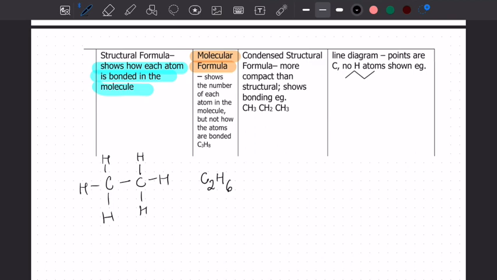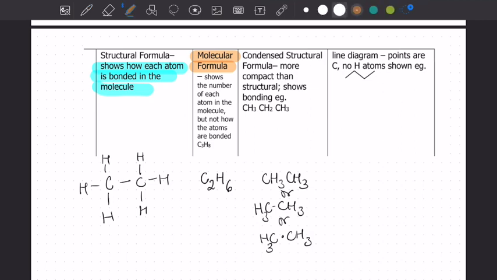You could show the condensed structural formula, which is similar to the structural formula. It's just a more compact way of writing it, just like the name suggests. So for ethane, it does not matter if you write CH3 or you write the H3 first and then the C. You can also show a dot or a line, depending on what your teacher asks you to do. All of these would be okay.